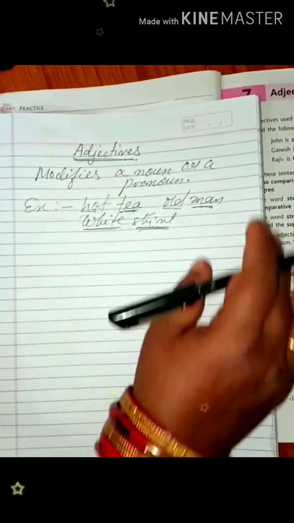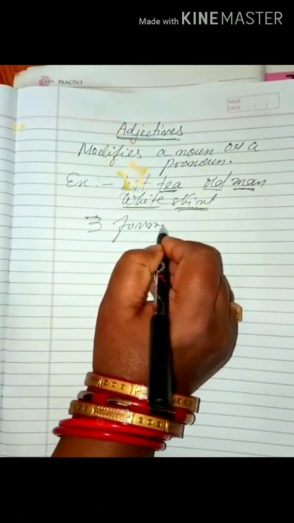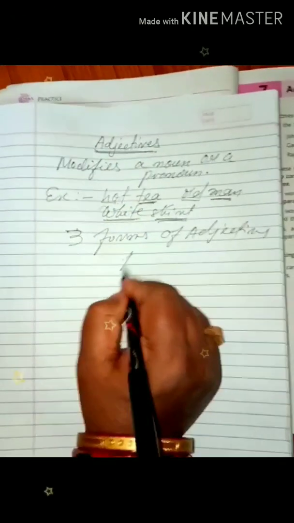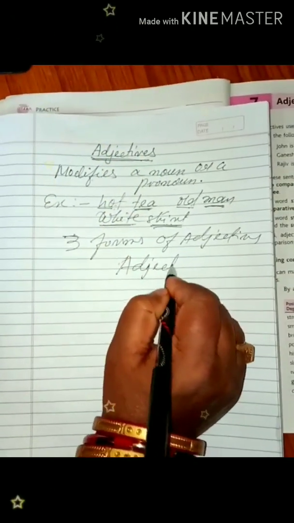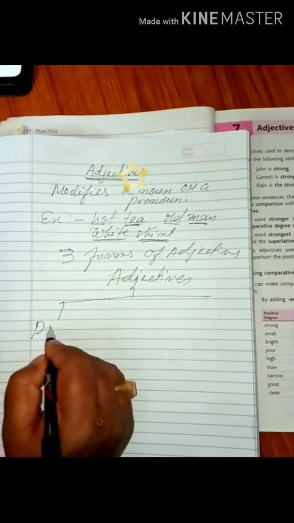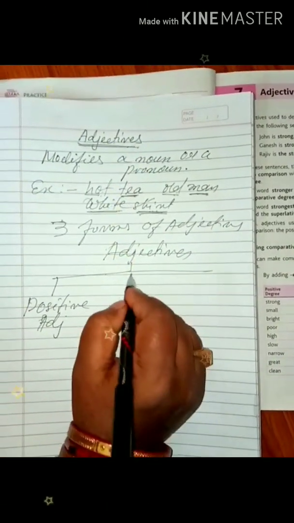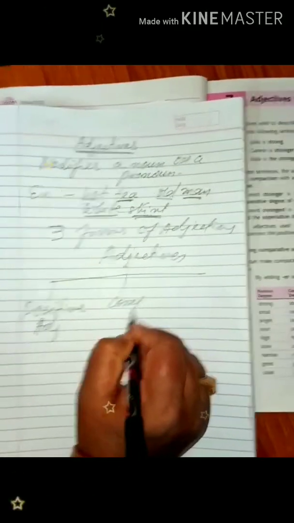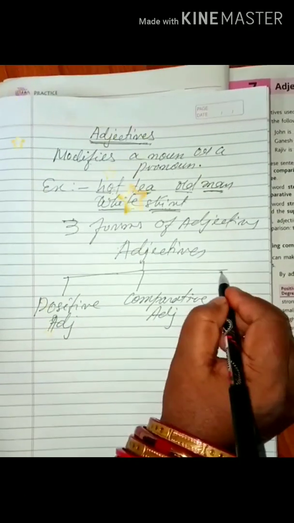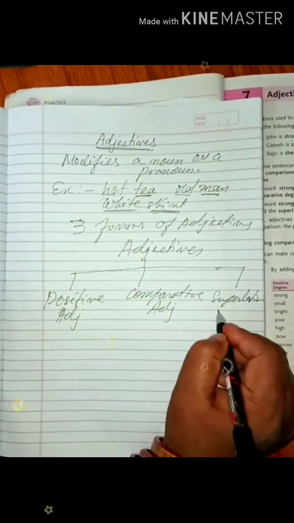Now let us go for the 3 forms of adjectives. Here we have 3 forms. One is the positive adjective, another one is the comparative adjective, and the third one is the superlative adjective.